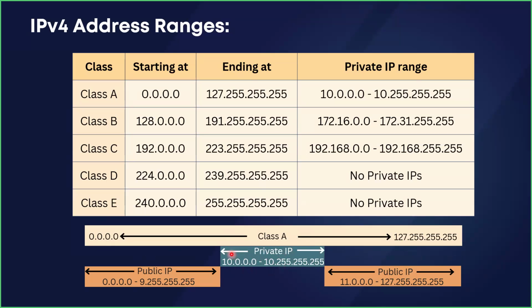Any IP within this range is a private IP. And any IP outside this range, which means from 0 up to 10, which is 9.255.255.255, and after 10, which is 11 to 127, those are the two public IP ranges. So in every class in that manner, you have a small private IP set and two public IP sets.